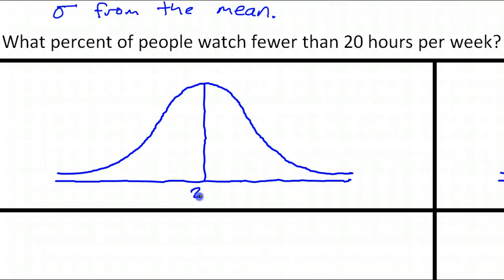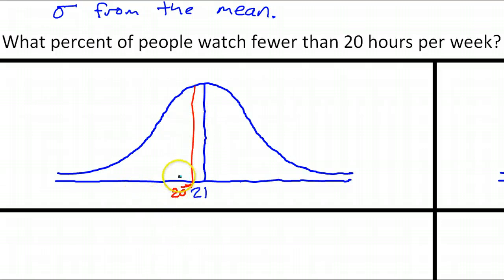Okay, so we know that the mean is 21, so that's going to go here. Alright, we want fewer than 20 hours, so that's going to be over here, a little bit to the left. Okay, it's going to be hard to write the 20 that close, but there it is. Alright, 20.